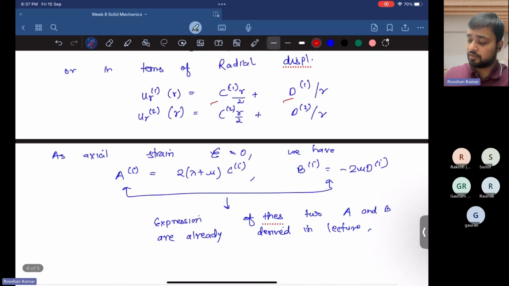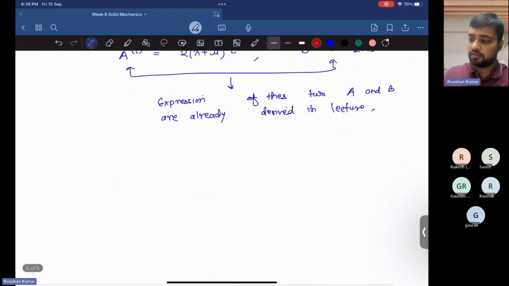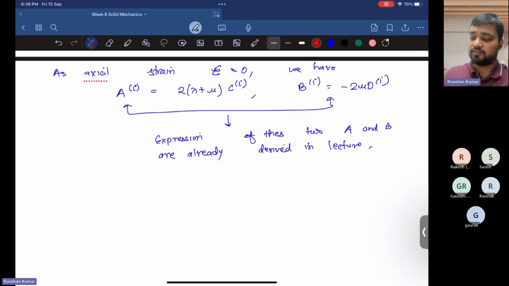Sigma rr has 4 unknowns, A and B of 1 and A and B of 2, so to find the radial stress expression we have to write down the 4 boundary conditions.